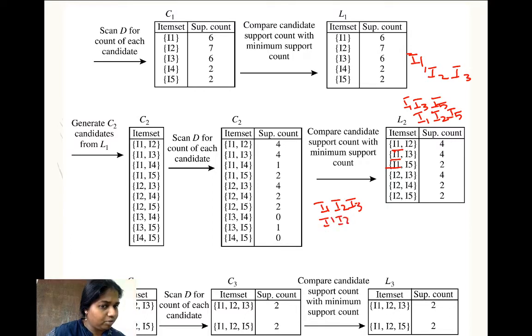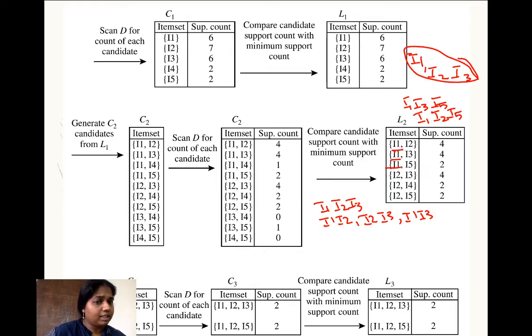I1, I2, I2, I3, I1, I3. Are all of these available in L2? Yes, available. So in that case, this combination can be considered as a candidate in C3.